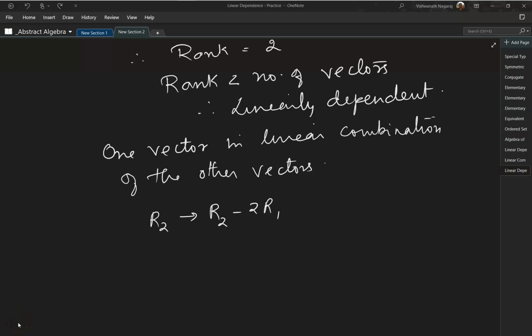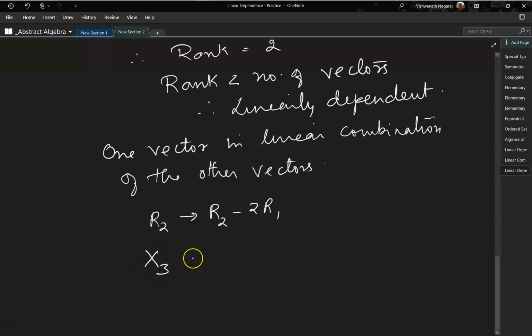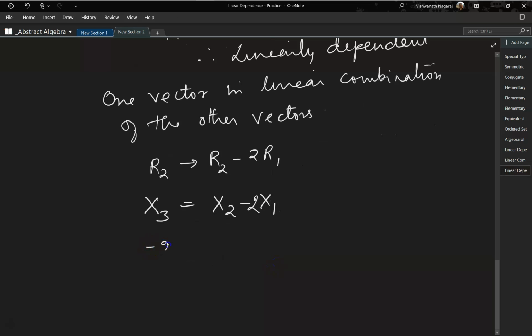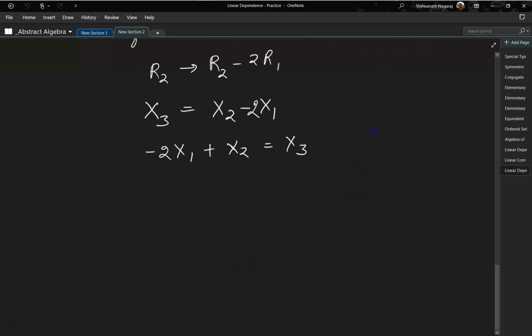So we can say x3 would be equal to x2 minus 2x1, that is, minus 2x1 plus x2 is equal to x3. So that's it. Let's do the next problem.